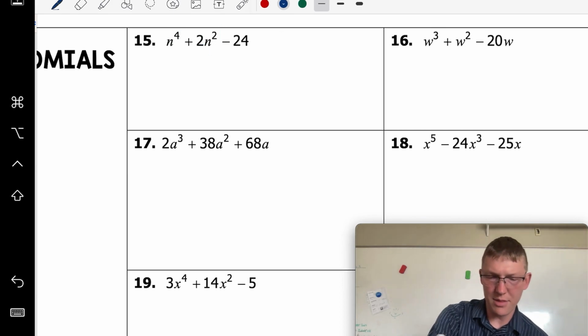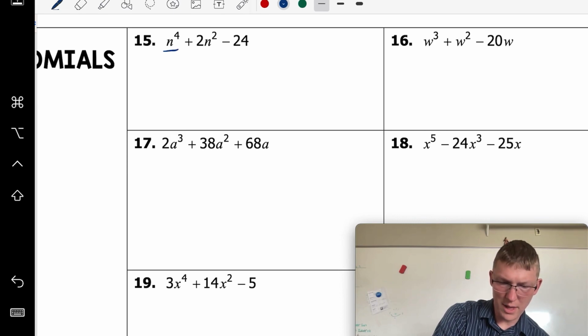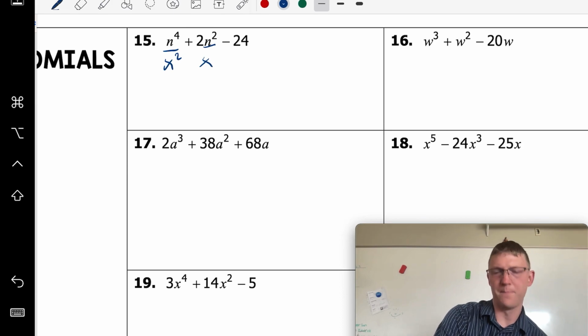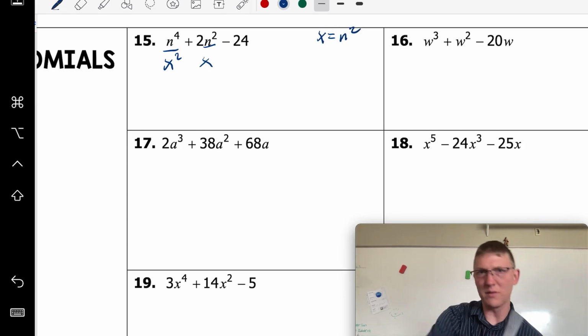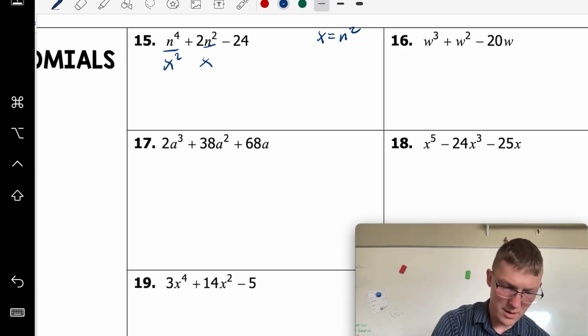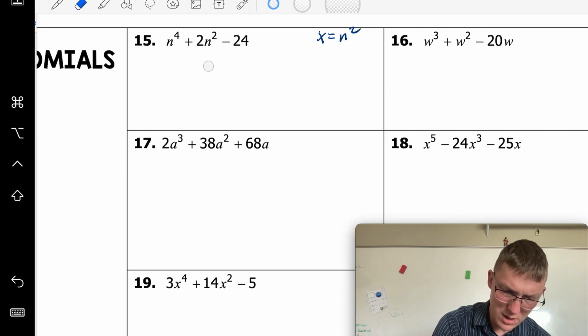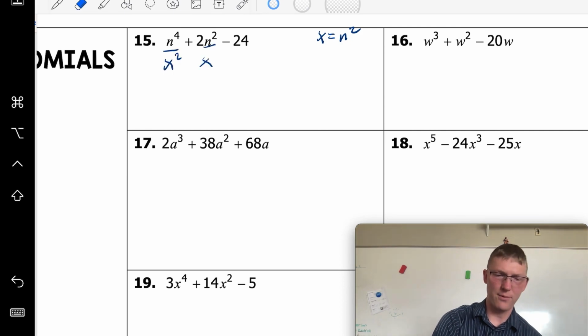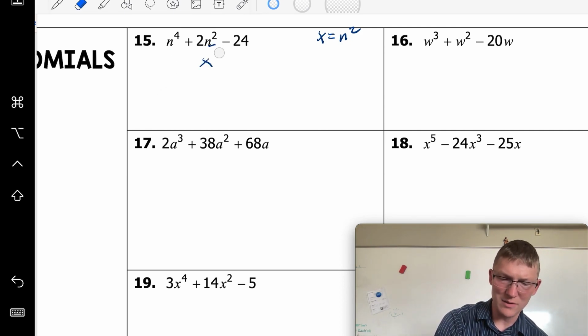You can think of this as x squared and an x, where we set x equal to n squared, and we can sub that back in later. I can kind of do this part in my head. I've gotten used to it. I don't know if that's something that you guys want to do. That's going to be up to you.